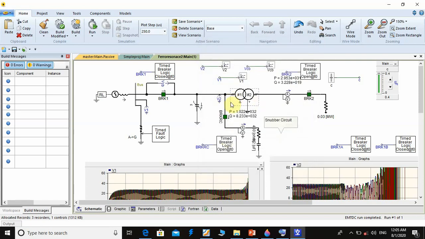The damping is very fast for this oscillation. So the solution here, we can use a snubber circuit to prevent the transformer and cable from overvoltage when de-energizing an unloaded transformer with a long cable.